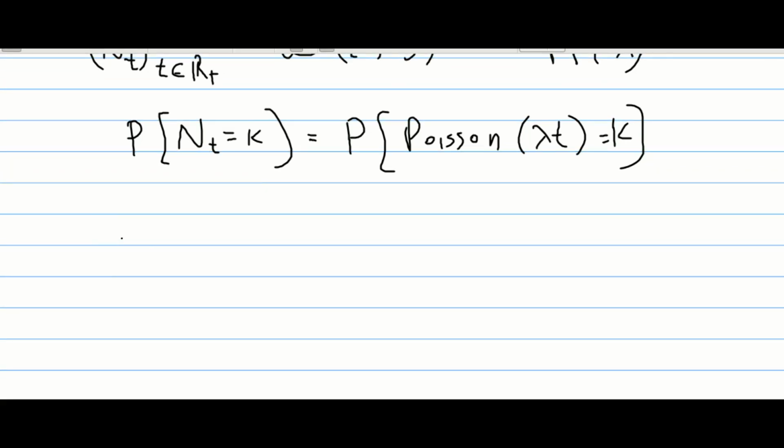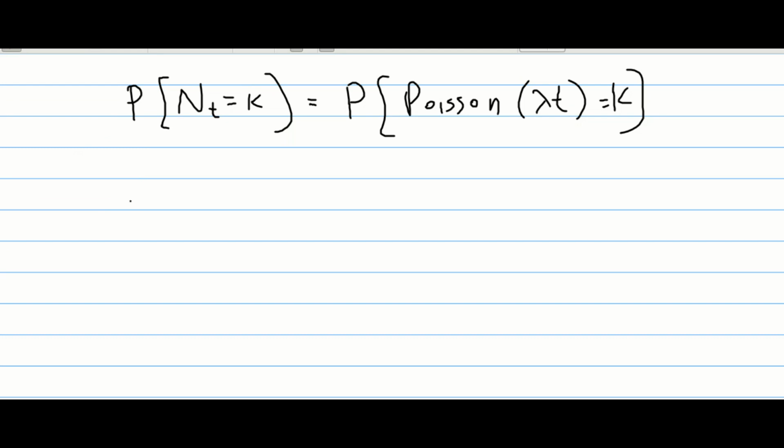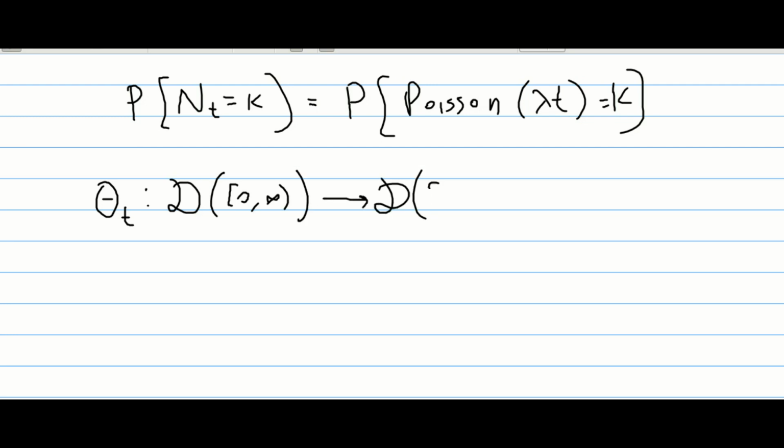We'll start by defining an important function. It's a kind of shift. It's very similar to a shift, but slightly changed. It goes from the space of càdlàg functions to itself. I will first write its definition, and then I'll explain what it does.